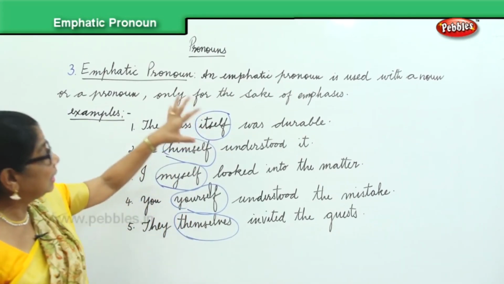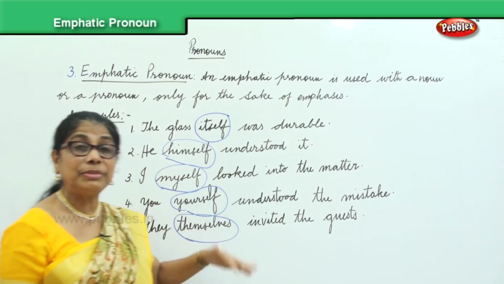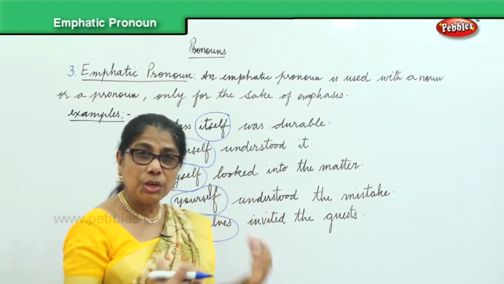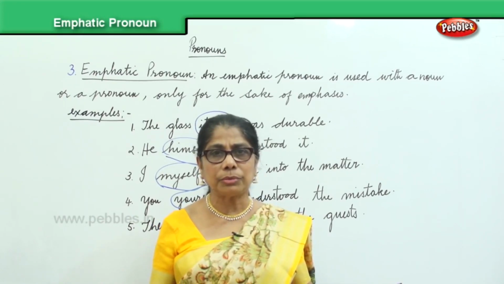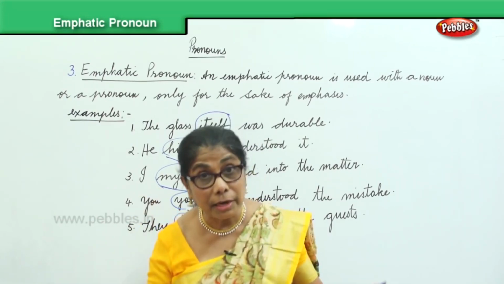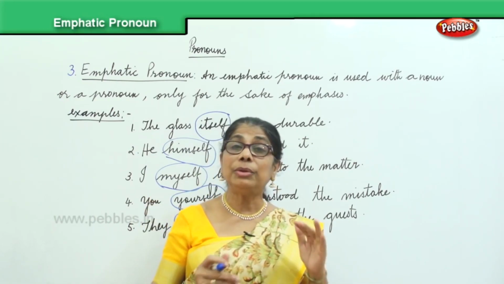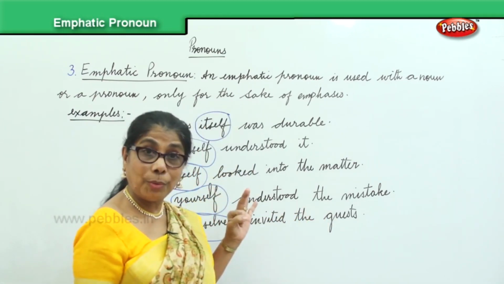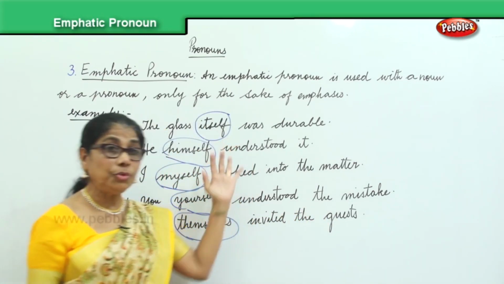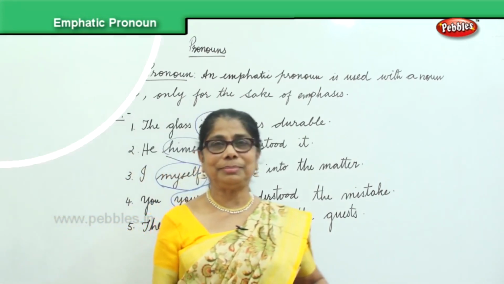Now, in this, itself, himself, myself, yourself, themselves, when you say this, you are emphasizing. You can say, I sat alone in the house. I myself sat alone. So, when you make emphasis, then you say emphatic pronoun. So, we have done 3 types of pronoun now, and as you go along doing exercises, you will understand better.